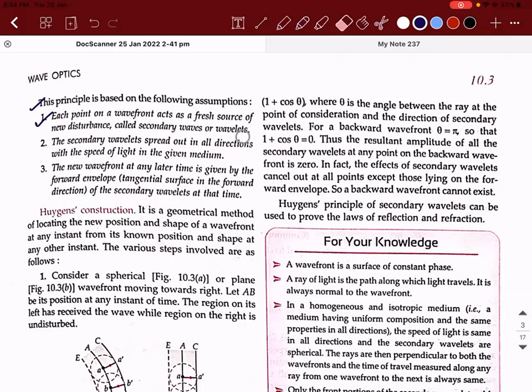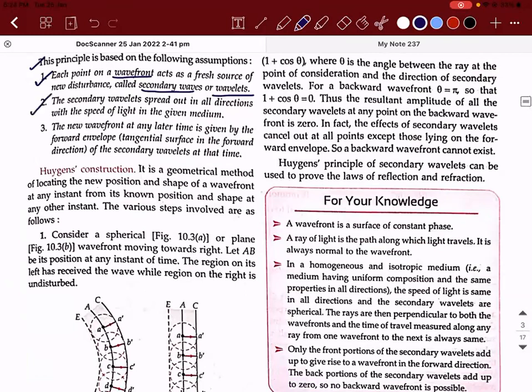Second, the secondary wavelets start spreading in all directions with the speed of light in the given medium.